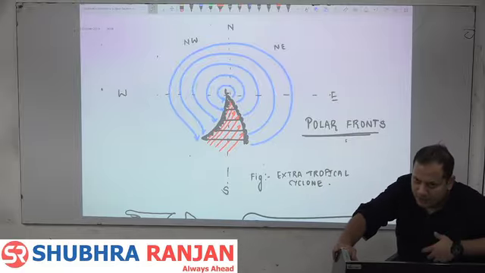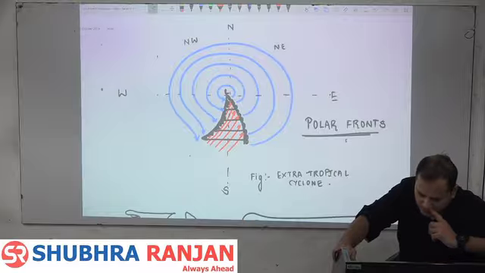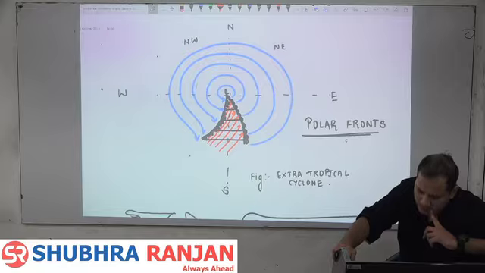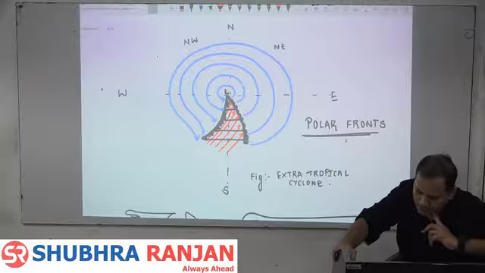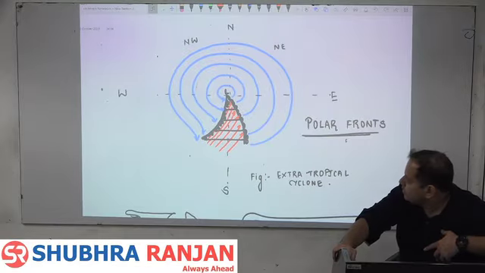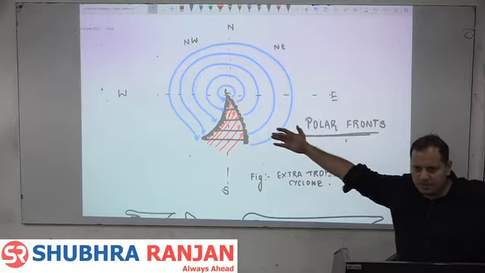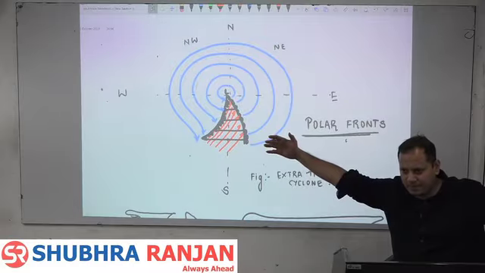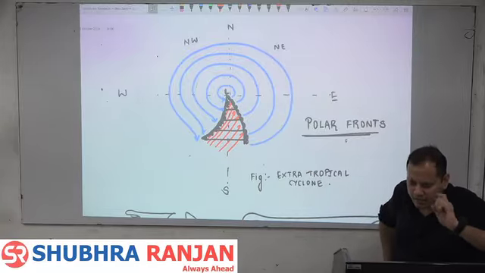The longitudinal axis of these depressions shows that such cyclones are wider in the north.